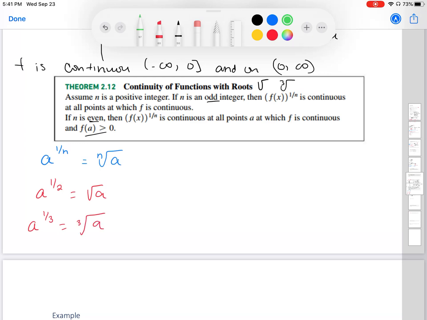And we have different conditions for the arguments. I can only take the square root of a positive number, but if I have a cube root, it doesn't matter if it's positive or negative. So odd roots allow for negatives. They're okay. Even roots, you only want positives. So that's why you have this argument that f of a needs to be greater than 0, needs to be positive.